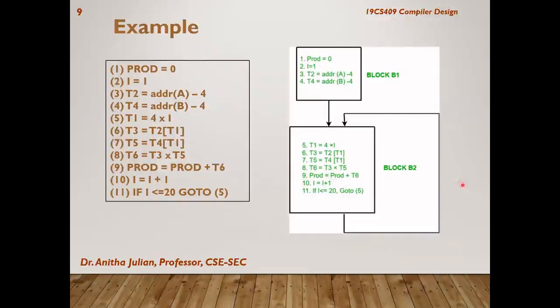And we have to draw the lines because it will go to 5. So we are going back to block 2. So hope it's clear. Basic block and flow graphs.